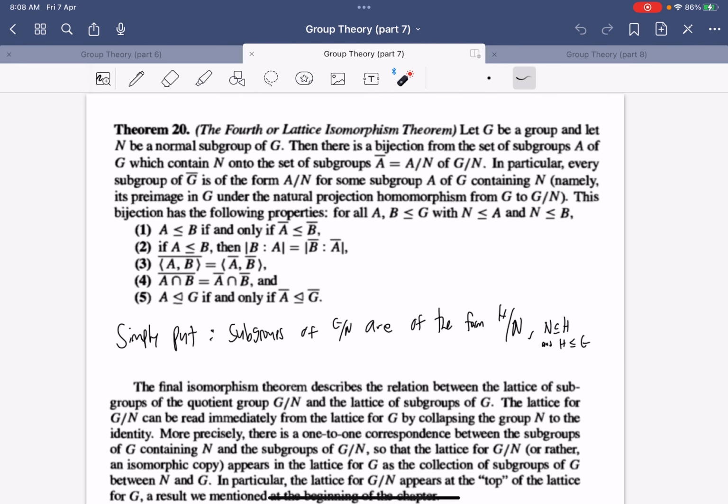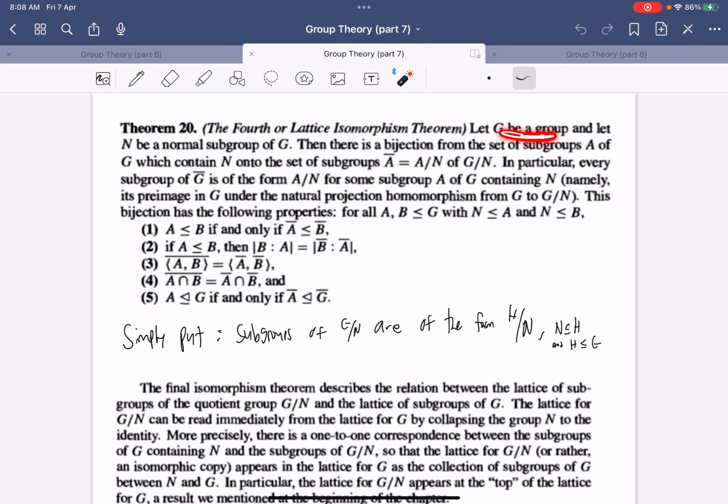But really, if we let G be a group and N be a normal subgroup of G, then we can actually say that there is a bijection between the subgroups in G containing this N and the set of subgroups in the quotient group G quotient N. And so in particular, every subgroup of the quotient group is of the form A quotient N for some subgroup A containing N.